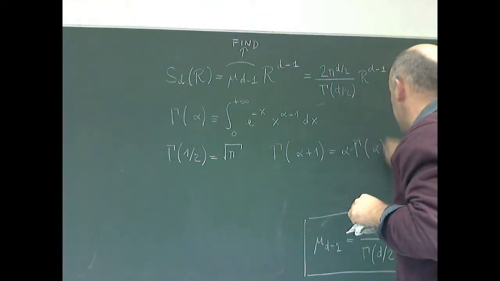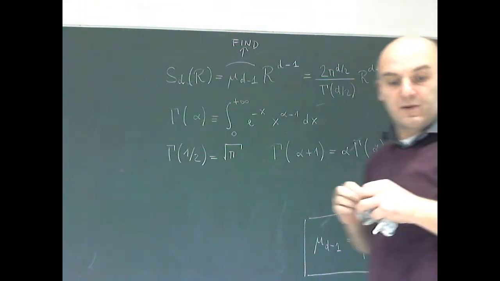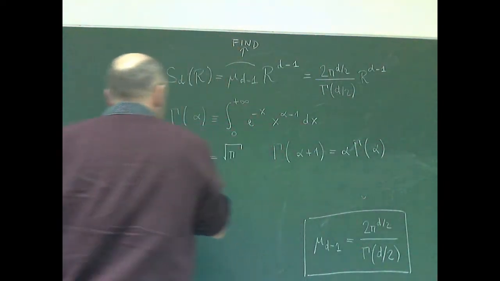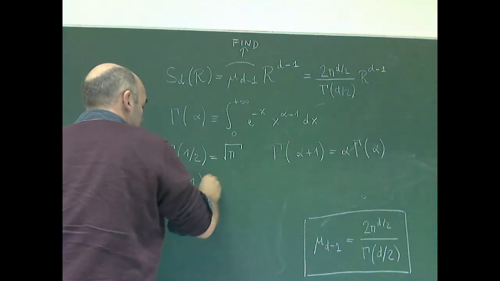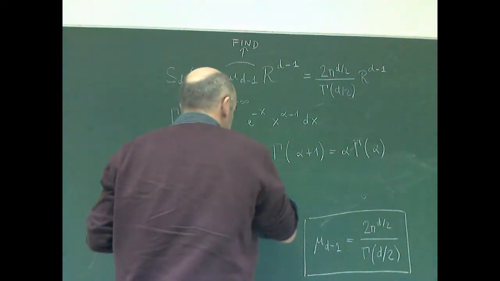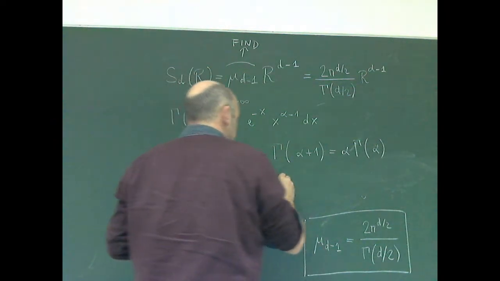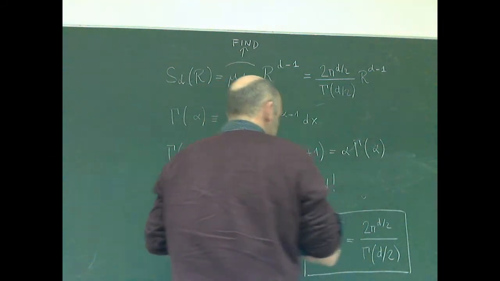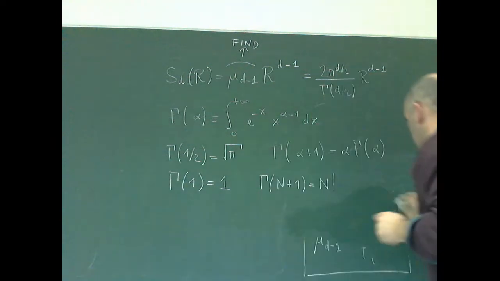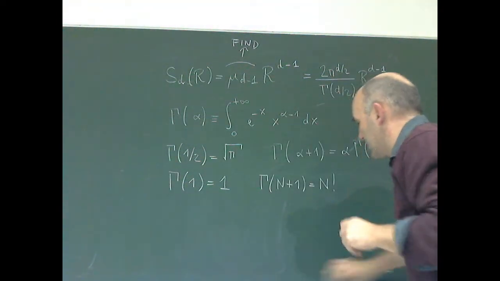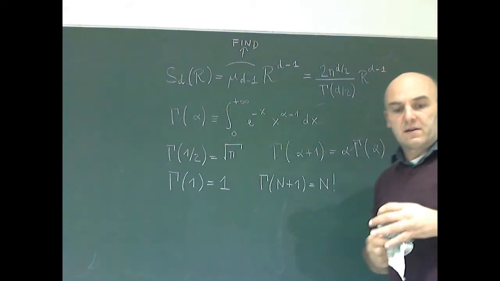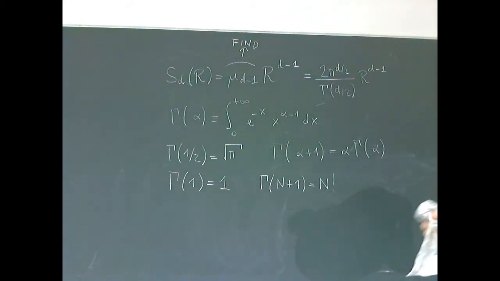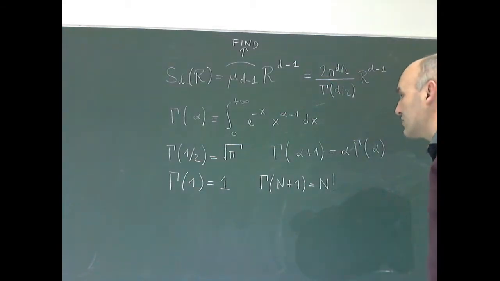Okay, this is another known property. And if I have an integer, and the gamma of 1 is 1, combining this definition, I find that the gamma of an integer, say n plus 1, is n factorial. Therefore, this gamma is like a factorial quantity. So it's a generalization of the factorial function.